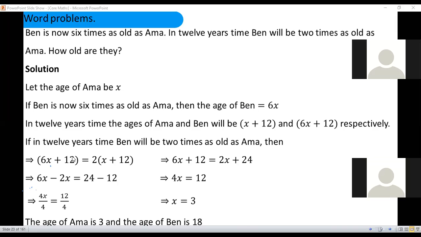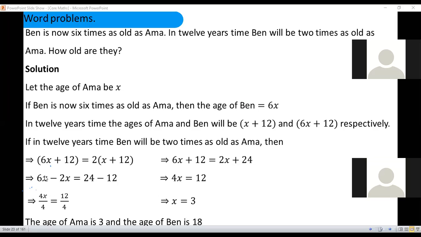Then, when we simplify that, that is going to give us 6x plus 12 is equal to 2x plus 24. We just simplify this to get this. Then we group like terms.